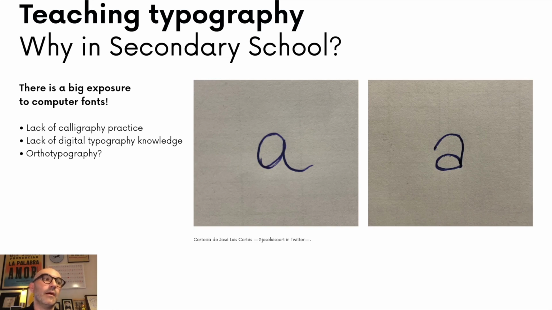If the automatic corrector detects a mistake or a need, it may work, but if not, the text is going to be wrong. So they don't have a clue about orthotypography, or they have a very, very basic knowledge.